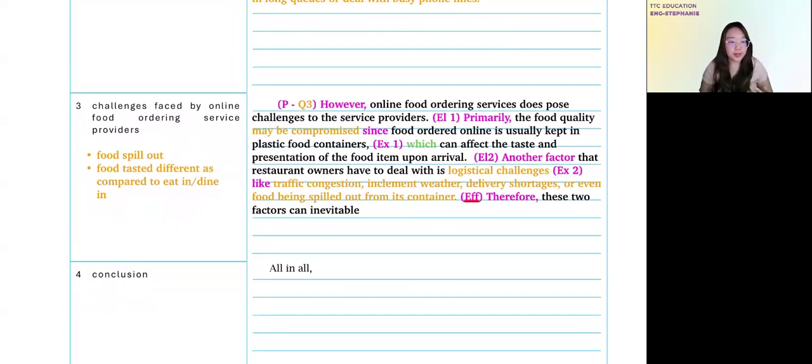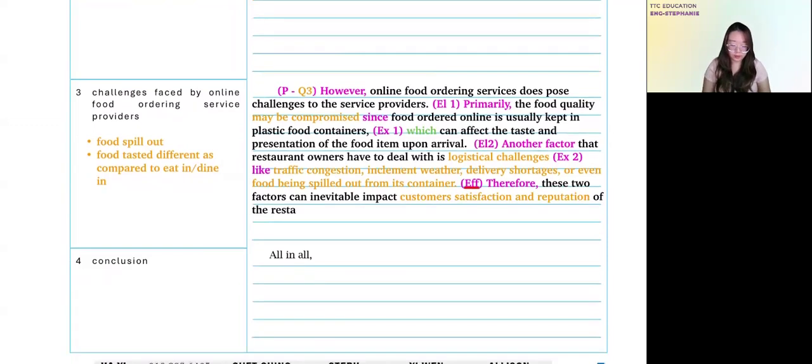Cannot stop, all right? Cannot stop the impact on the customers' satisfaction. Okay, this is your point. So customer satisfaction and reputation of the restaurant.